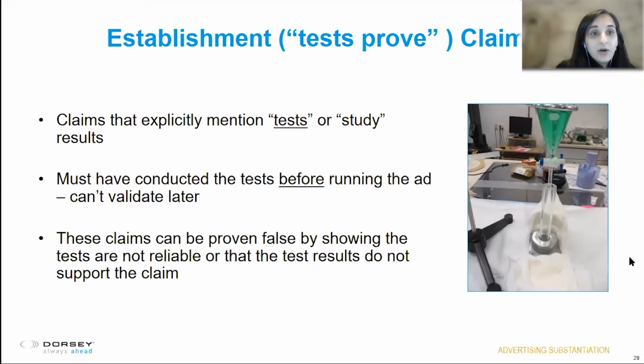And you can be hauled into court, hauled into the NAD, a regulator can take a look at you and just say, great, show us the tests that you have. And if you don't have good testing, and we're going to discuss in a little bit what that means, good testing, your claim is just going to be false. It's literally false. If you say that you have a test and you don't have a test, guess what? Your claims are false.